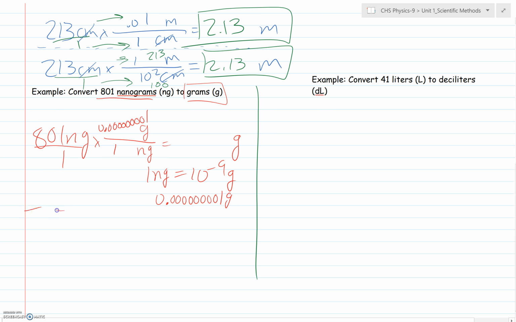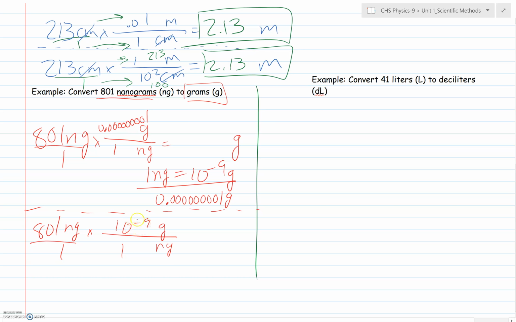I'm okay with that. The other way, and the way that I prefer to do it, is by setting it up the same way. So I end up with 801 nanograms. I can put that over 1, means the same thing. And I still have nanograms on the bottom, grams on the top. And now I just use this base value that I was given. So 1 nanogram equals 10 to the negative 9 grams.